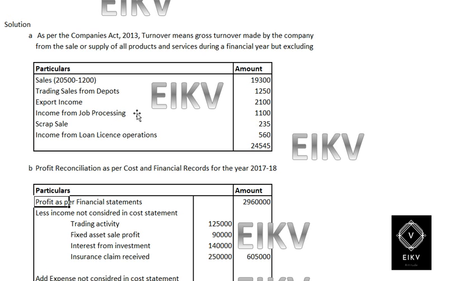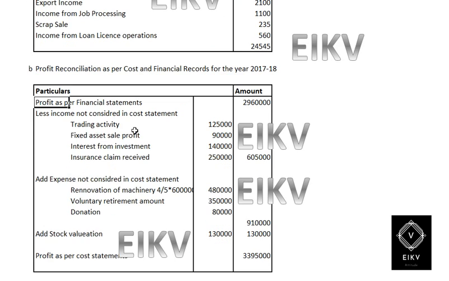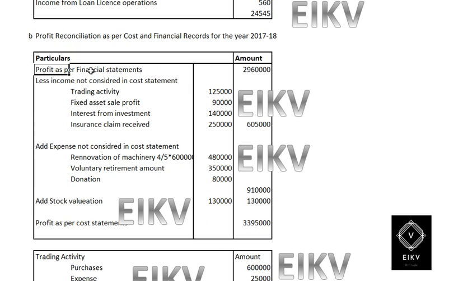After that, income from job processing 1,100, scrap sale 235, income from loan licensing rupees 560, which constitute a total turnover of 24,545.